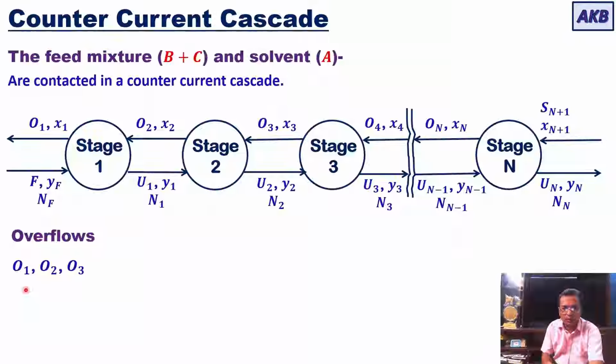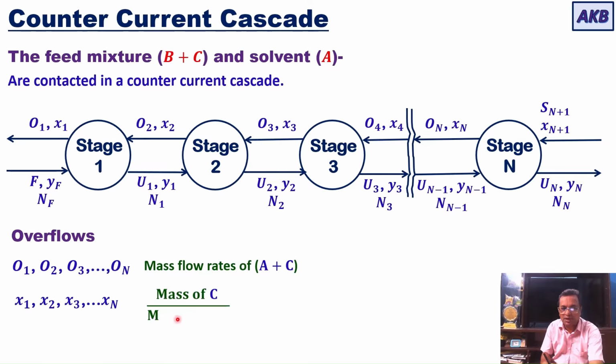In this case, O1, O2, O3, On are mass flow rates of A plus C in those overflows. Then X1, X2, X3, Xn are masses of C per unit mass of A plus C in those overflows. That is, these are weight fractions of C on a B free basis.